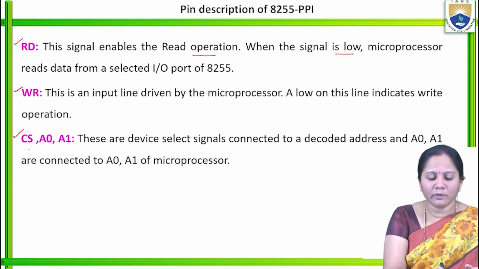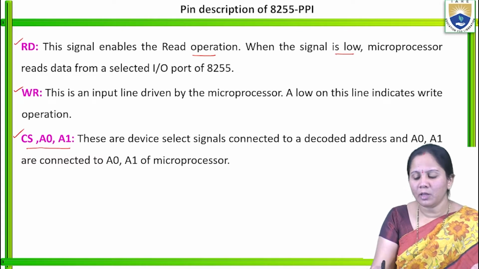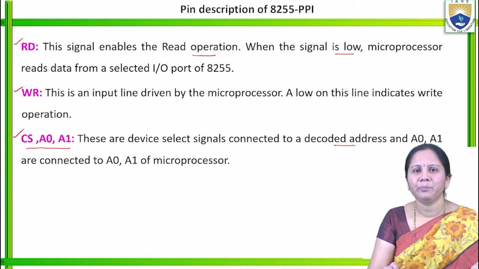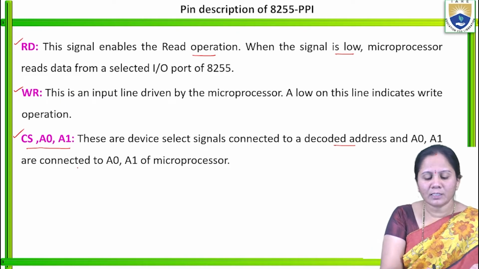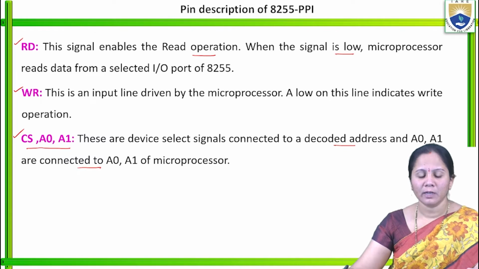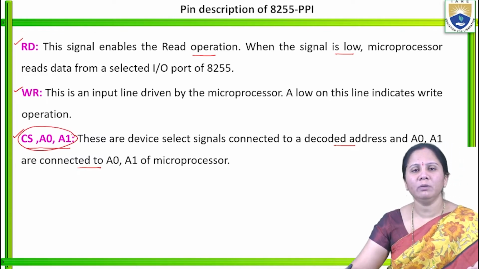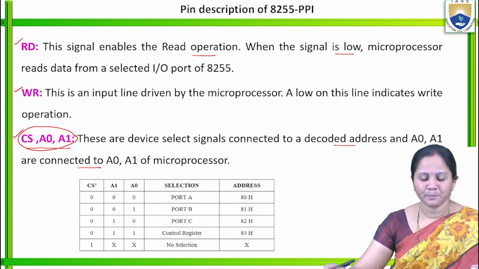The combination of these three signals is used to decode the lines that are connected to A0 and A1 of the microprocessor. Now we will see how the decoding will be performed using these three lines.